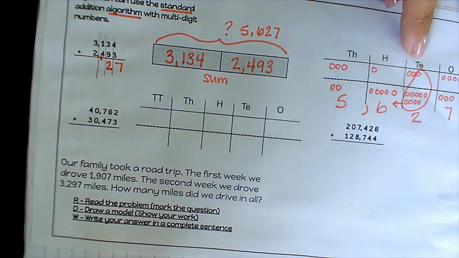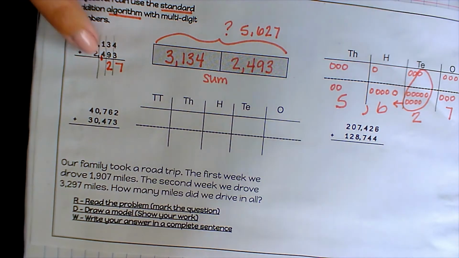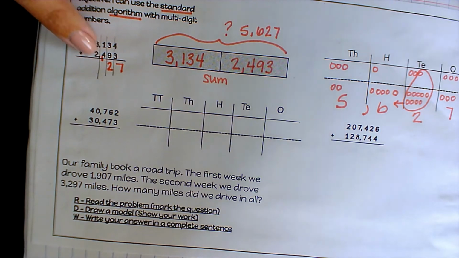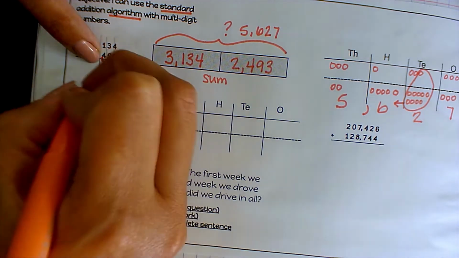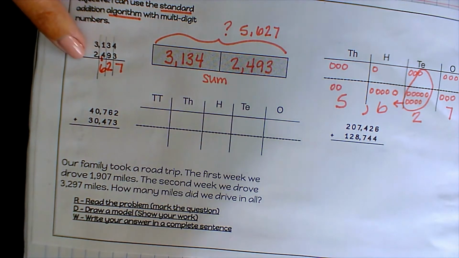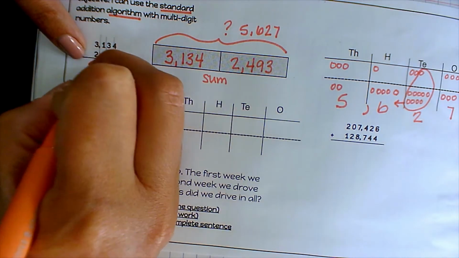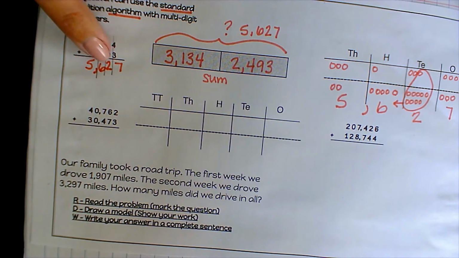And we regroup on the line in the next place value. So I draw that little 1 in the hundreds place. Now I have 1 plus 4 plus 1 is 6. And 3 plus 2 is 5. And I'll place my comma. So our answer again, 5,627.